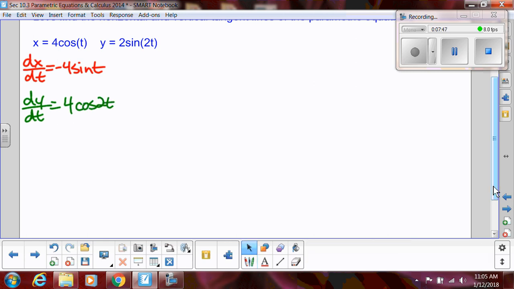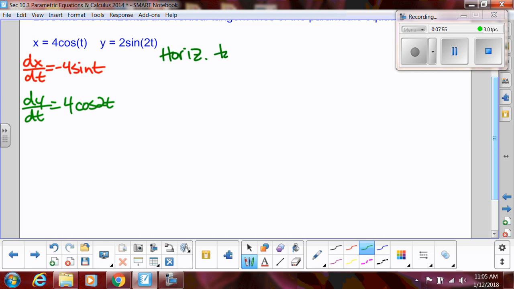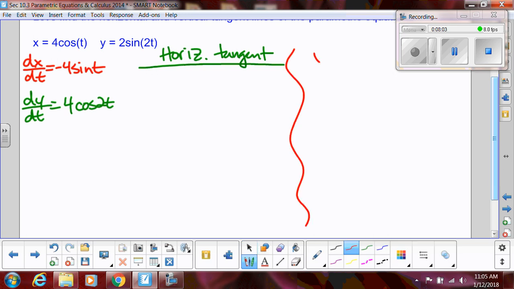So for the horizontal tangent, remember that's when we set our dy dt. I'm going to make 2 columns here just to keep it separate. Okay, so we're going to set our dy dt equal to 0.